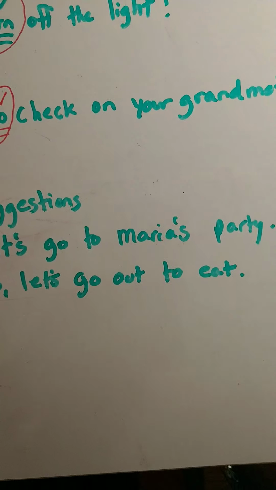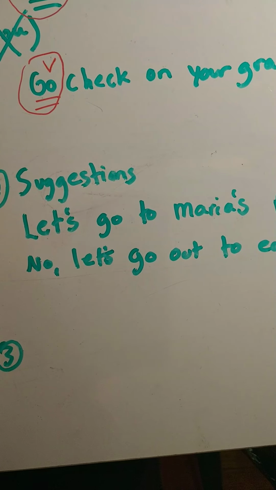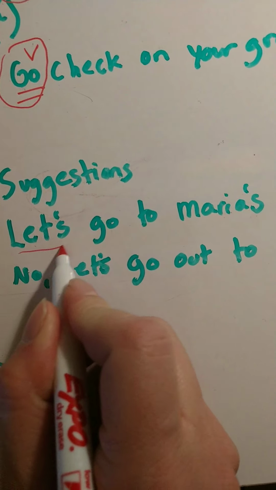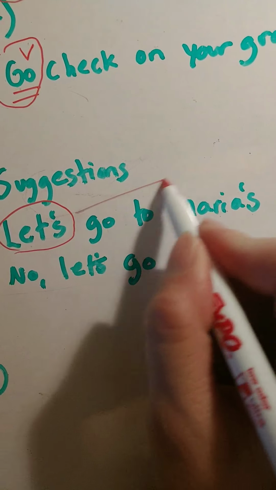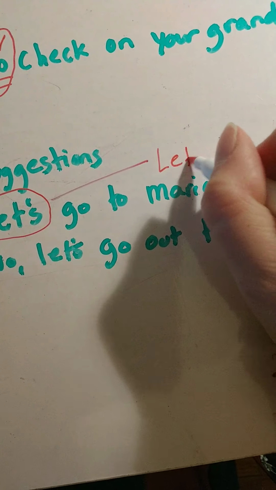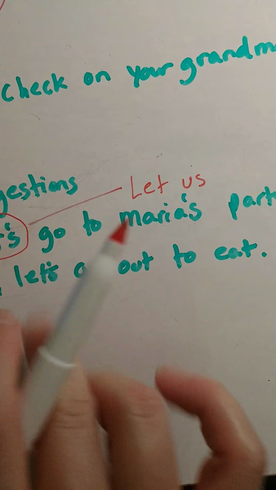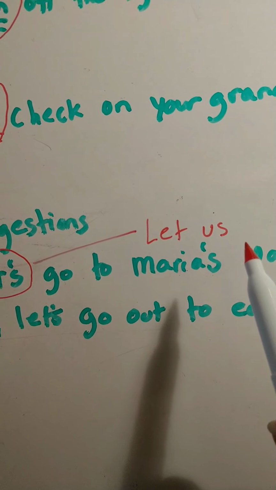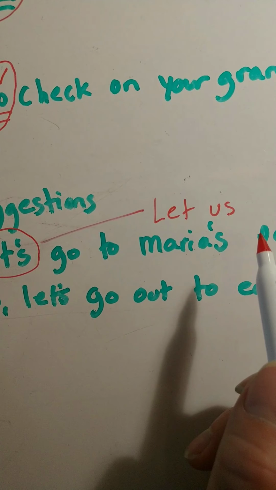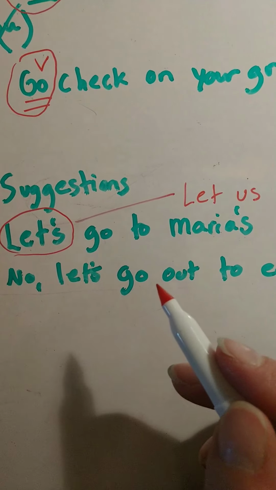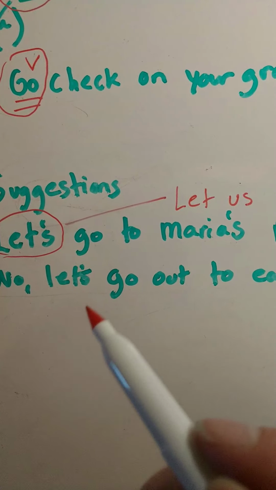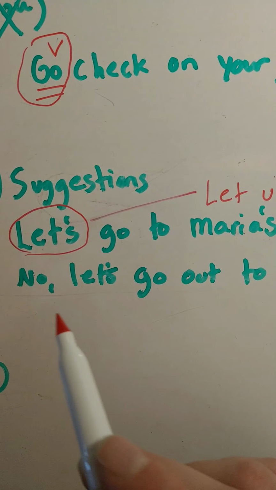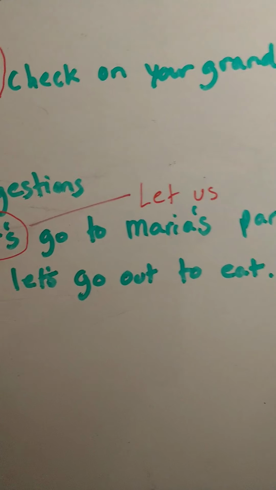Basically let's here is like let us. You're saying we should go to Maria's party, or we should go out to eat, something like that.